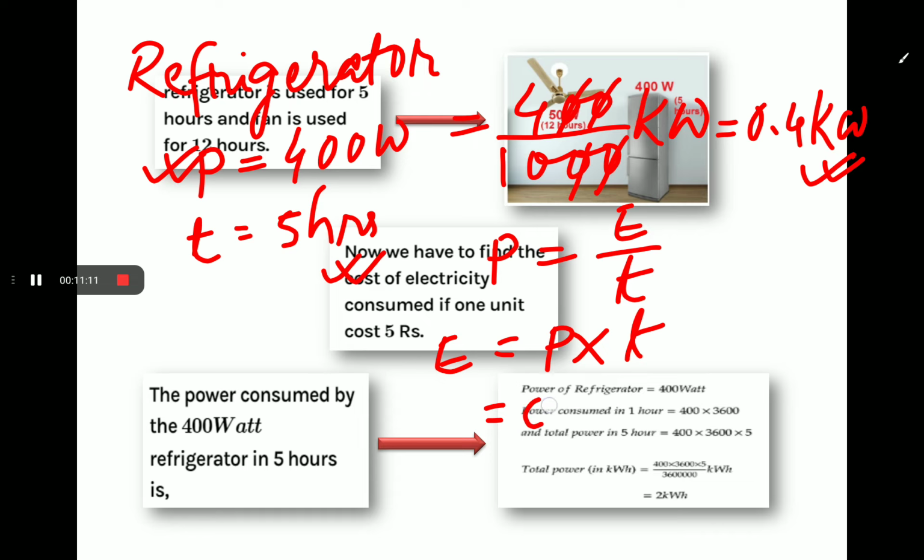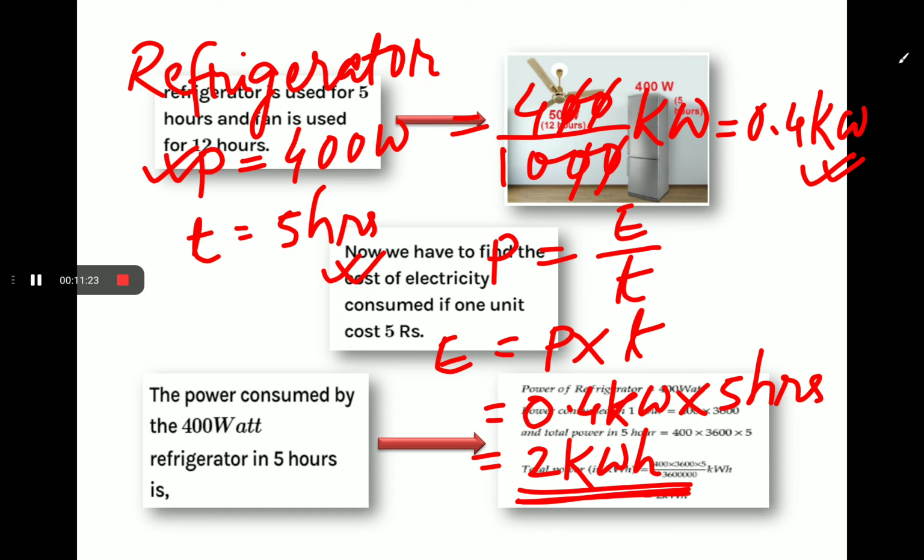Here power is 0.4 kilowatt used for 5 hours, so it becomes 2 kilowatt hour. This amount of energy is consumed by the refrigerator having power of 400 watt used for 5 hours. We have to keep it in our mind.